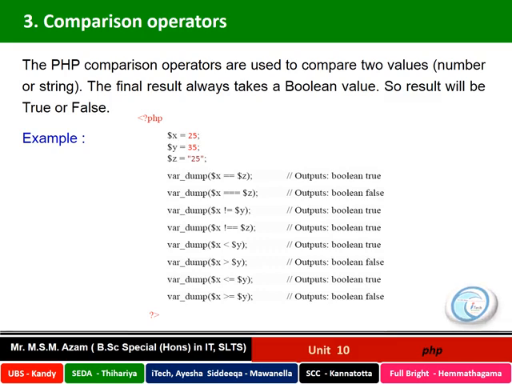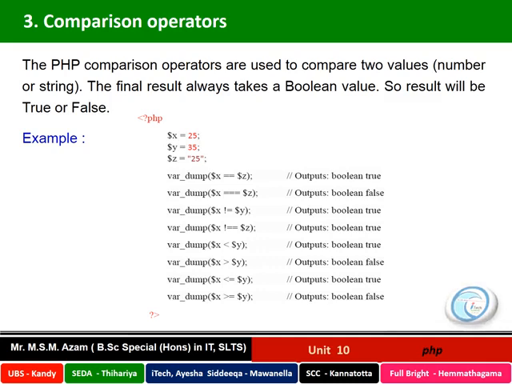Third, var_dump($x != $y). The value given to x is 25, the value given to y is 35. Therefore 25 is not equal to 35 and the output should be boolean true.